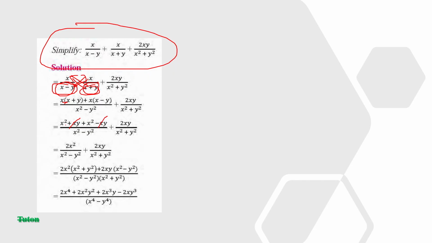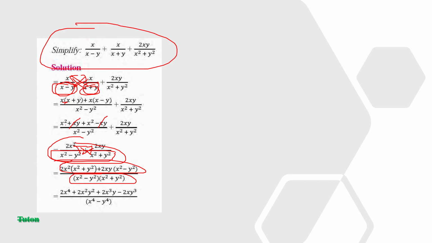Now we are left with x squared plus x squared, which adds to 2x squared. And we are left with this term in the denominator, after taking the LCM and multiplying in the crisscross method.